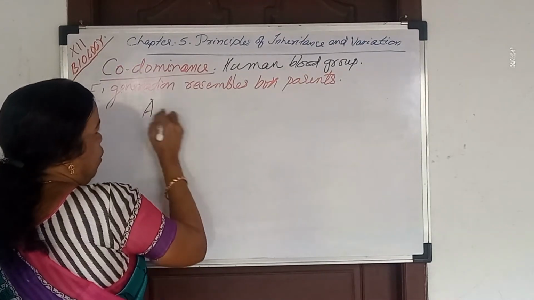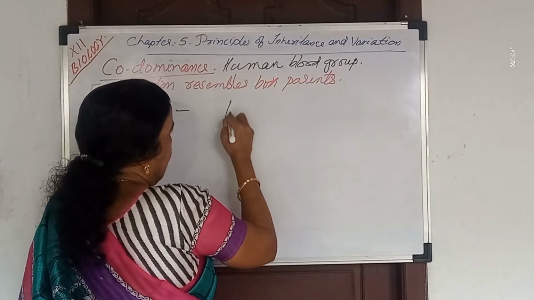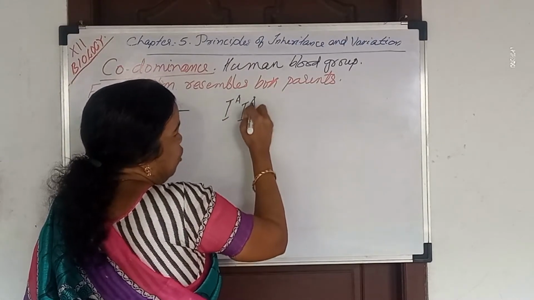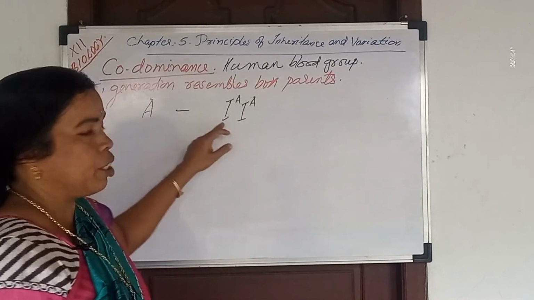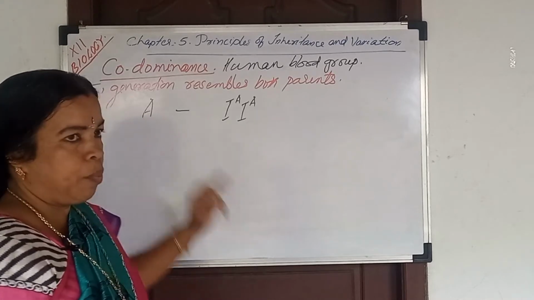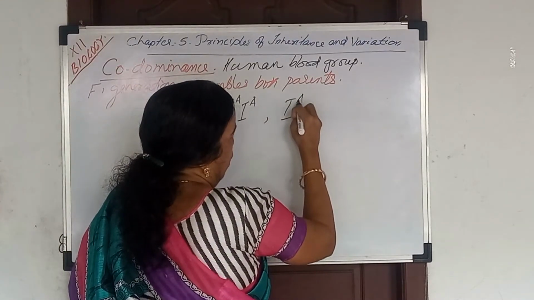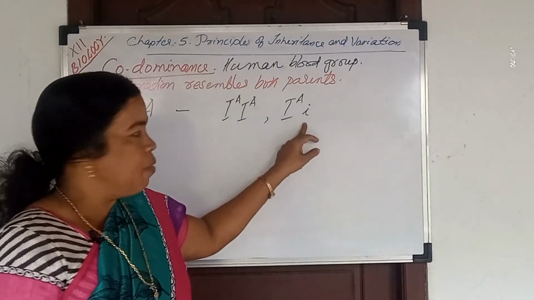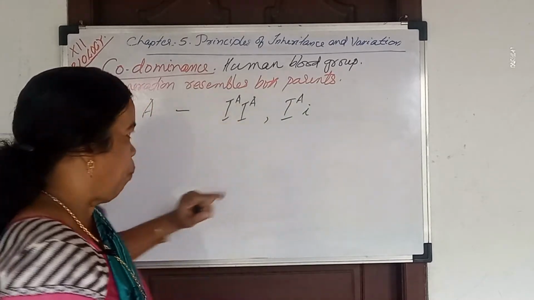A group, because they possess alleles IA and IA from each parent. So these are dominant alleles, so the A group expresses that character. Then another genotype, IA and small i. Here also small i is a recessive allele, so IA expresses. So that is also A group.